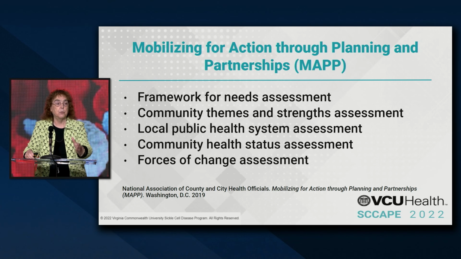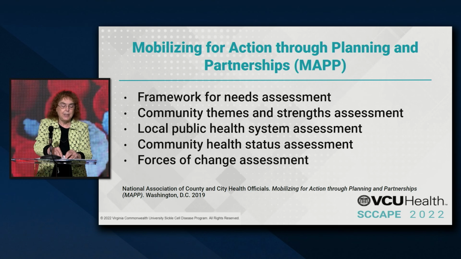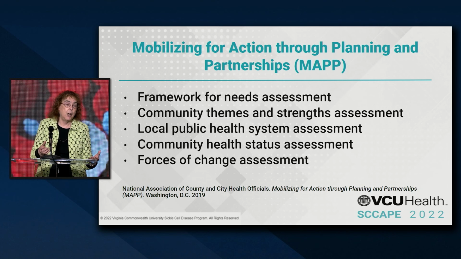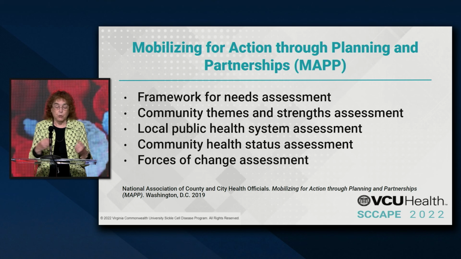Looking at what systems are there and looking at what the forces of change are, and looking at what the assets are. We're very fortunate we have the Virginia Commonwealth University in this area, but some of you are in areas where you don't have that kind of asset. You don't have a major teaching hospital where there's a lot of good things that you can build from.